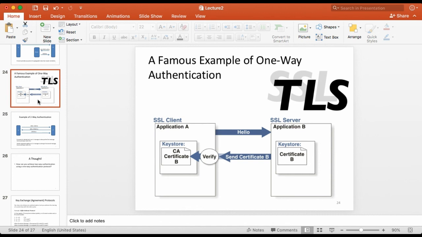So when you look at, I don't know, BBC or any other web page, you know that you're looking at BBC, but BBC has no idea who you are. So it's a one-way authentication where one entity knows the identity of the other, but not the other way around.